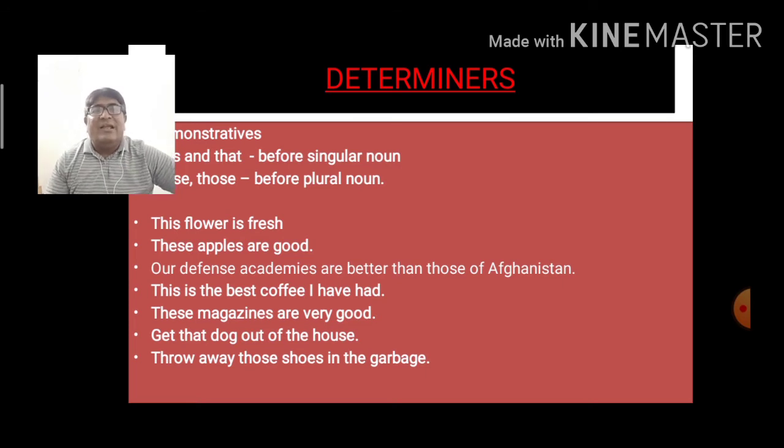Now here, get that dog out of the house. This is one more example. Let's see one more: throw away those shoes in the garbage. Shoes is a noun in plural form, that's why we have to use "those" as a demonstrative determiner for a plural noun.